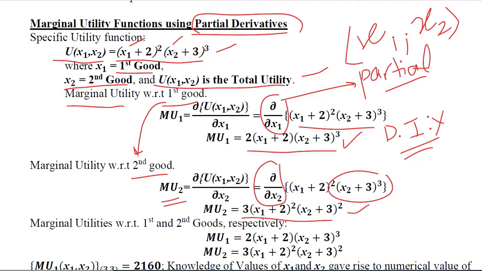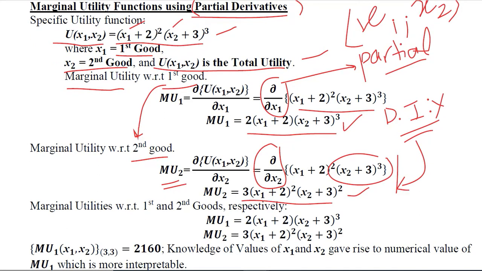So again, you can do this DIY for this step. So now we have the marginal utilities with respect to x1 and with respect to x2 respectively. These are their respective answers.